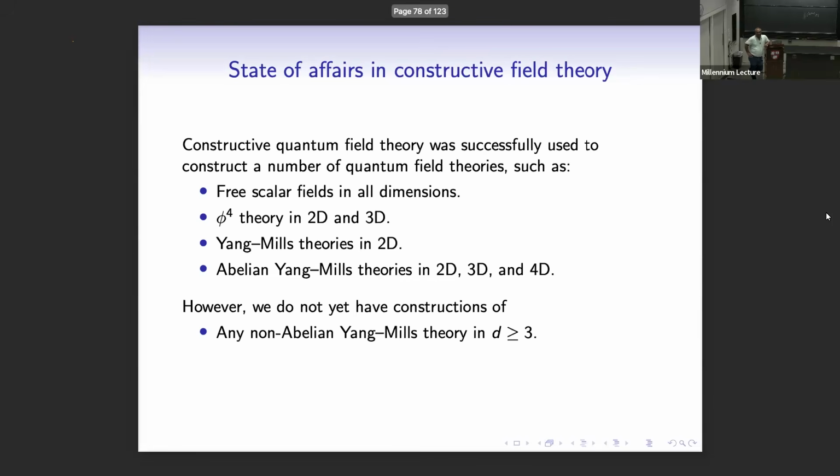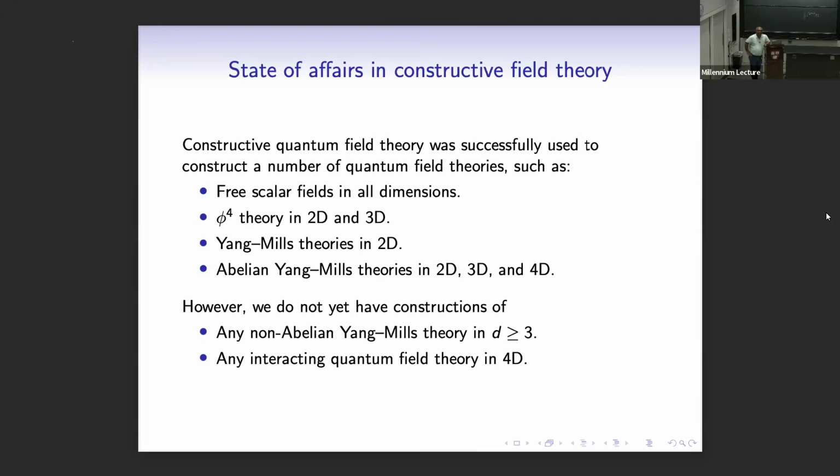However, what we don't have, and this is the main thrust of the Clay problem, is any non-abelian Yang-Mills theory in dimensions 3 and higher. Dimension 4 is the most important case, but even in dimension 3, we don't have a construction of a non-abelian Yang-Mills theory. In fact, we don't have any interacting quantum field theory in 4 dimensions.